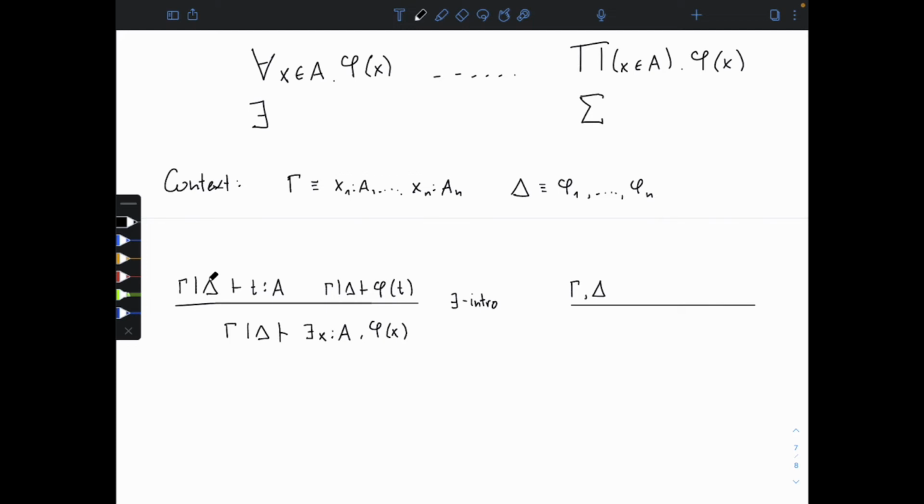Logic is stratified. At the bottom, you have individuals, terms, points and lines, stuff that you're going to talk about. On top of that, you have logical formulas which say things about the individuals. That's how logic is structured.